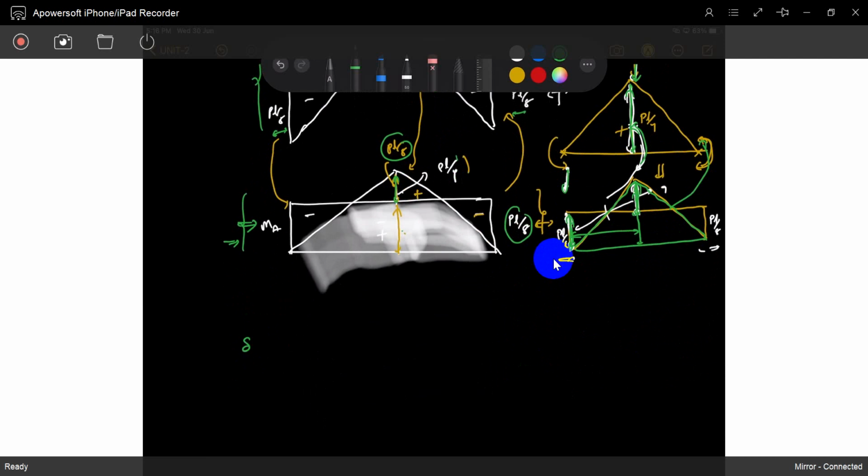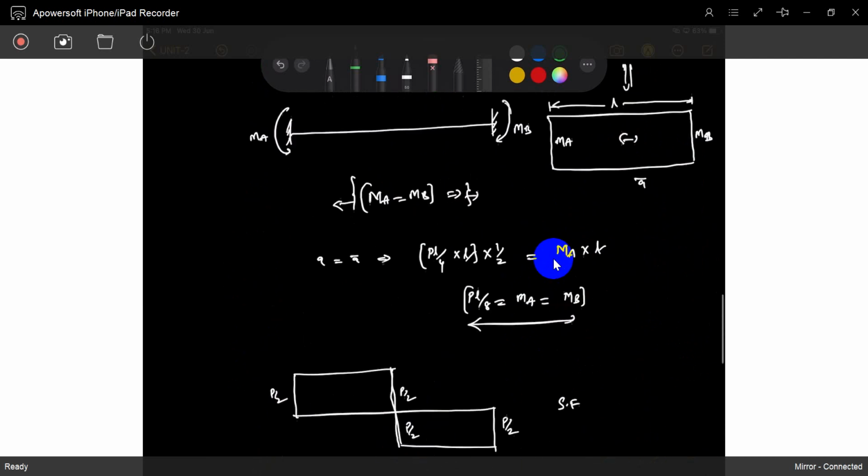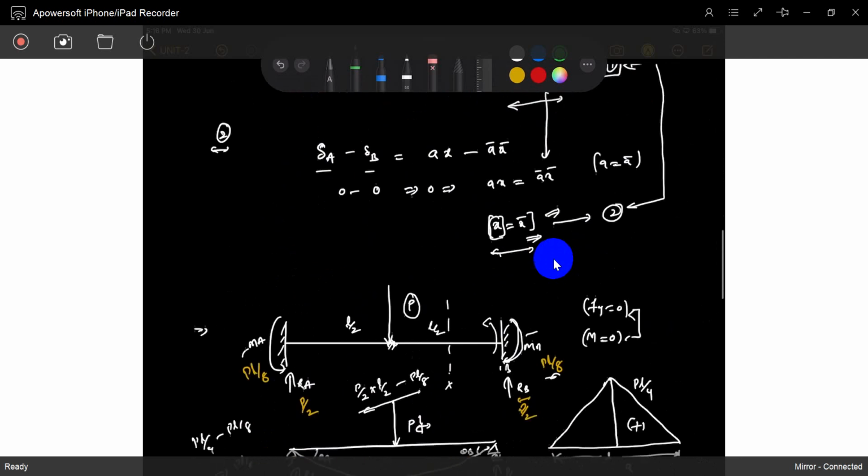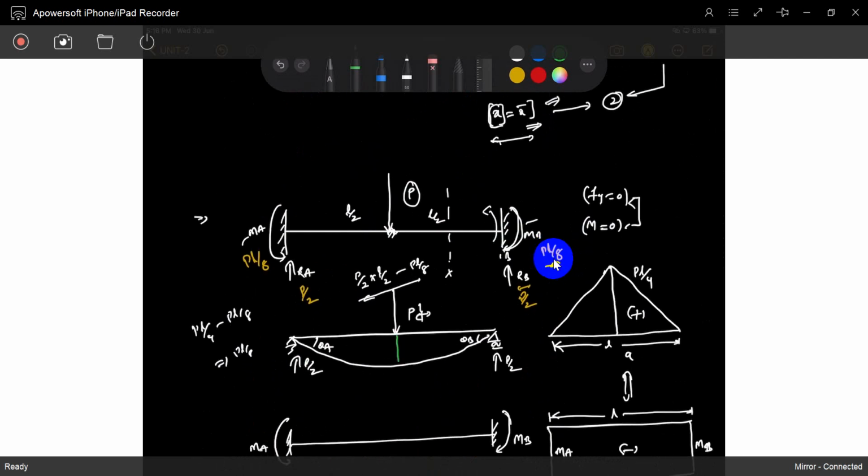And also now I want to find out the deflection at the center, deflection at C. So I will draw the deflection diagram.